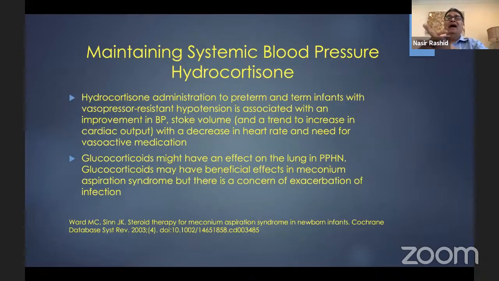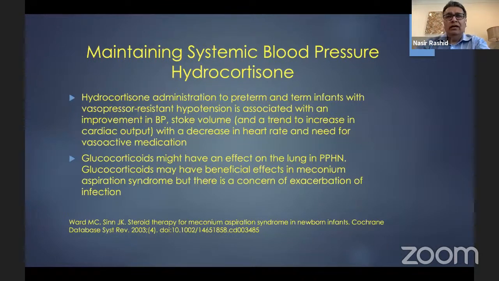So hydrocortisone is also being promoted as a good supportive medication to increase the systemic blood pressure. And a lot of folks use it in almost any kind of shock.